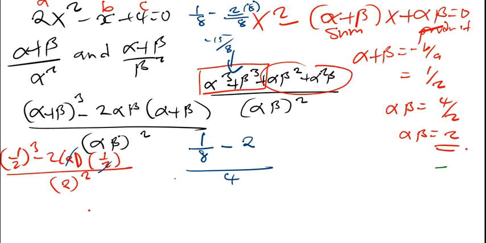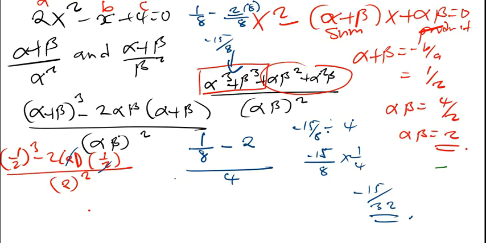Now what we are going to do: this -15 over 8, you divide it by 4. -15 over 8 times 1 over 4 gives us -15 over, what is 8 times 4? 32. So here there will be -15 over 32. That is the product. The sum.